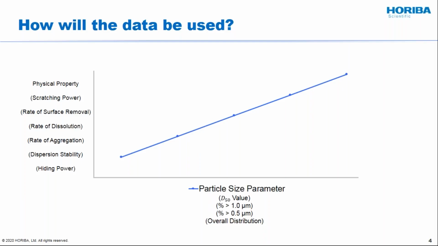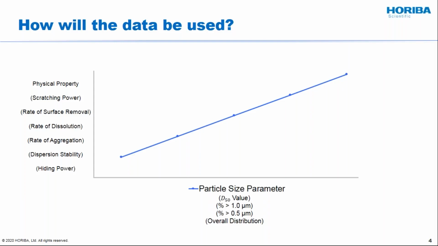We'll talk about some concrete things there in just a moment. If you go down to your x-axis, you can see there are a lot of different ways to express your particle size information. You can give a D50, you can give the percentage greater than 1 micron, all sorts of things. Again, we'll talk about these parameters toward the end of the presentation, as to which one of these you want to pick for your application.